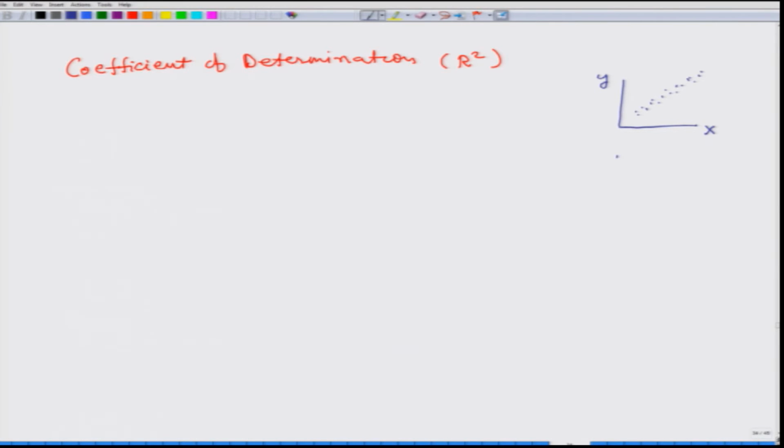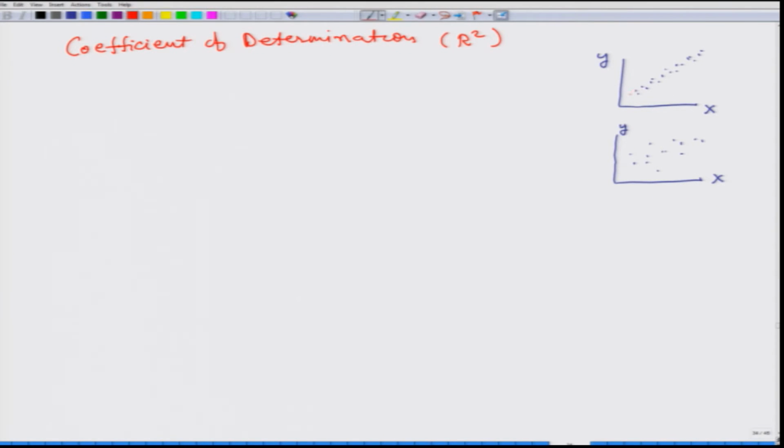Suppose I take here two situations, something like this, x and y, in which the scales of x and y are the same, and we try to fit a line like this and here this. Now, which of the models is going to be fitted better?